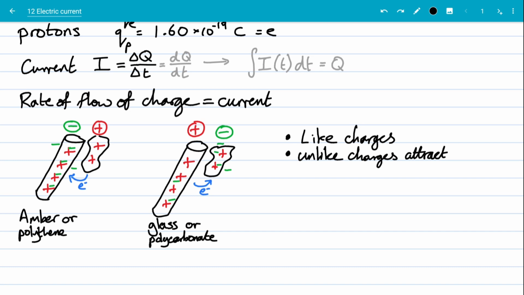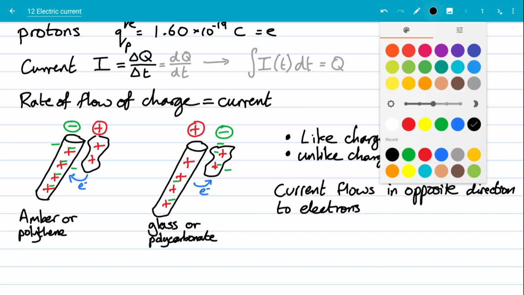So when we're talking about circuits, and this is absolutely crucial, current flows, I will say, and I'll waffle around that in a second because I'm not happy with that terminology. Current flows in opposite direction to electrons.